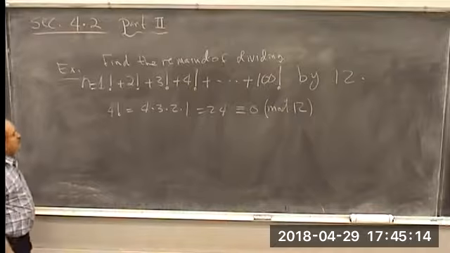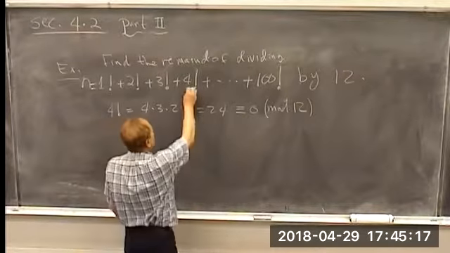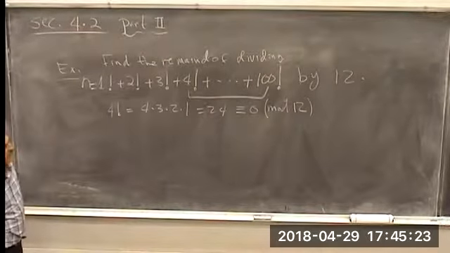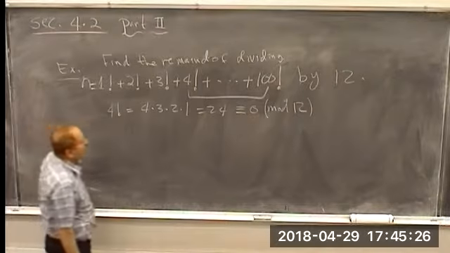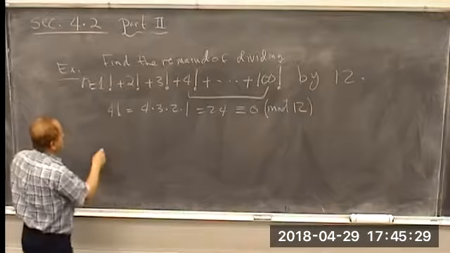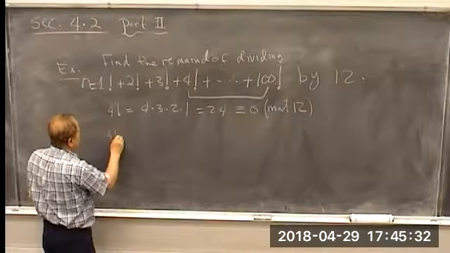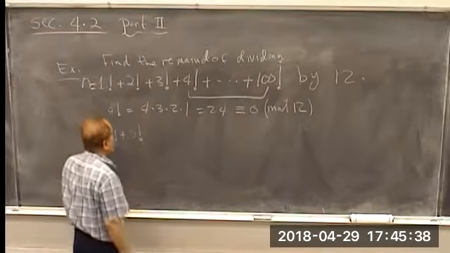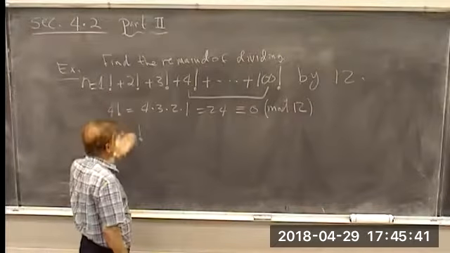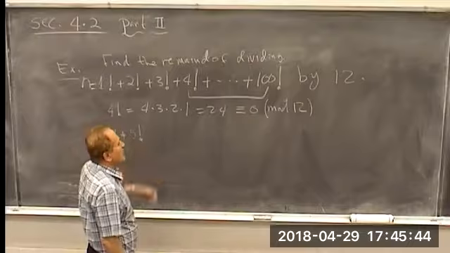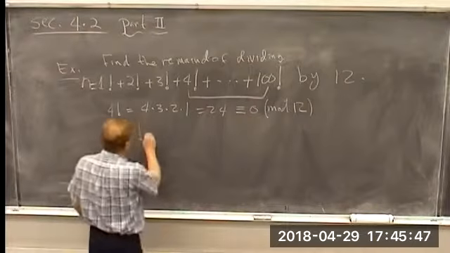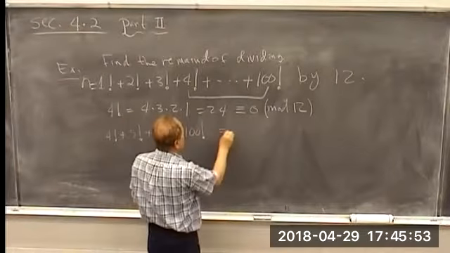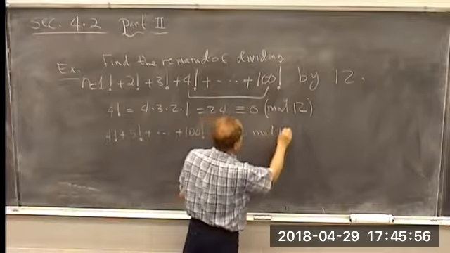Now from 4 factorial up to 100 factorial, if I add 4 factorial plus 5 factorial, because each one of these contains the 4 factorial, all of these are congruent to 0 mod 12.